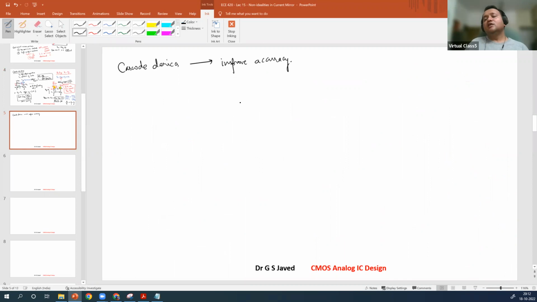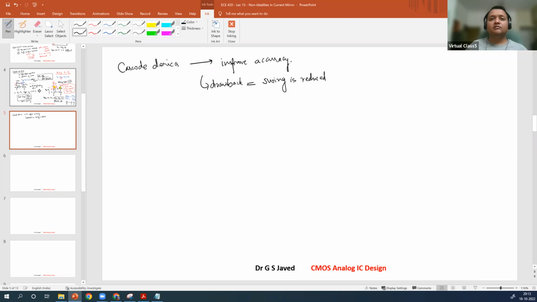Now, we know that if something is improving, there must be a drawback, because analog design is all about balance. So some drawback will be there. What is that drawback? Your swing is reduced, right? Because you are having a VGS minus VT reduction.